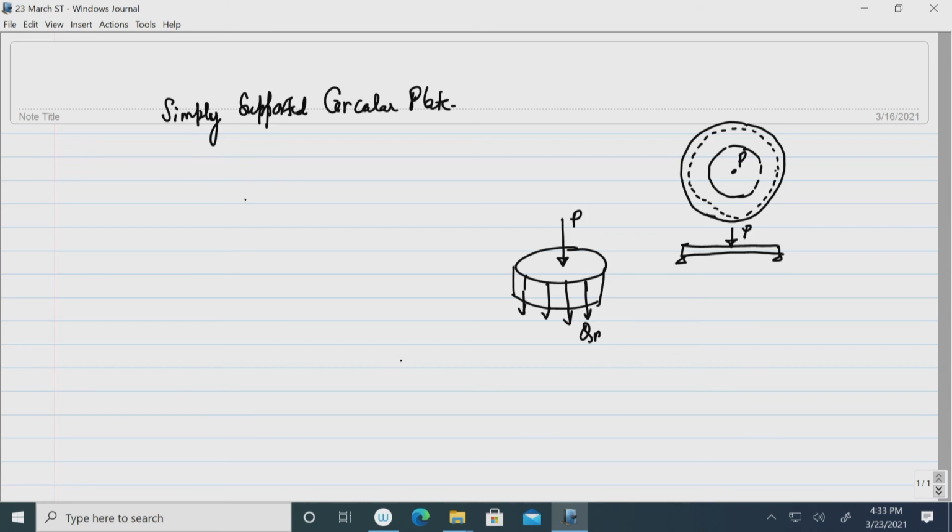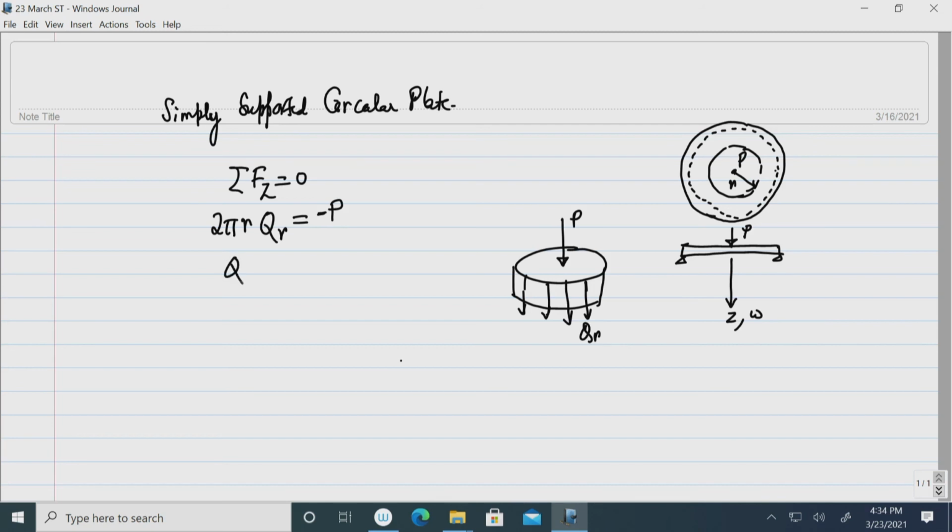Now, from vertical force equilibrium, that is, the summation of forces in the z direction is 0, where z is the vertical direction and also the direction of w, we now get 2 pi r q_r, because we take this slice at a distance r, equal to P. Since both are taken downward, it will be minus.